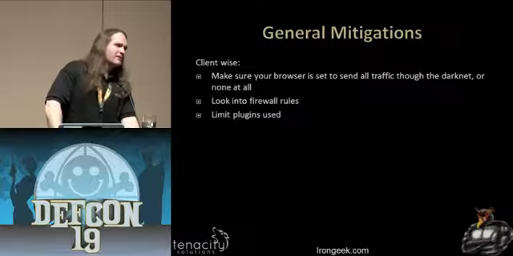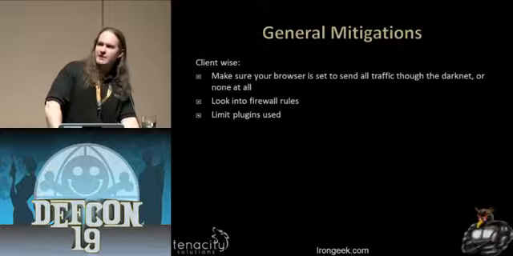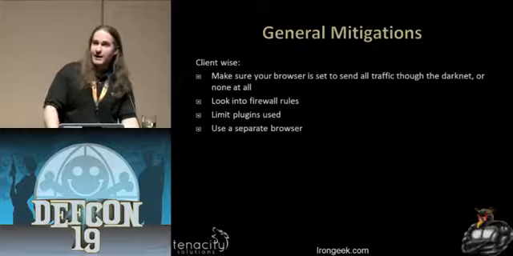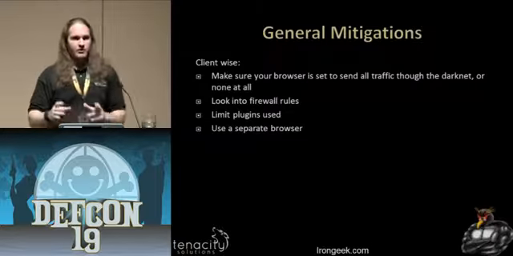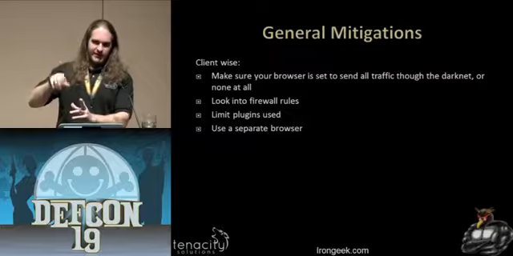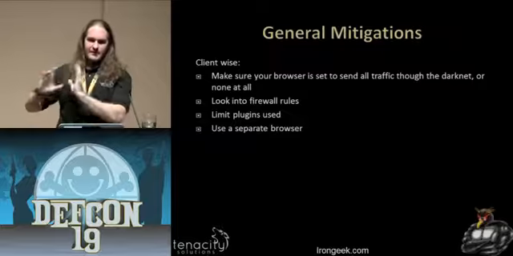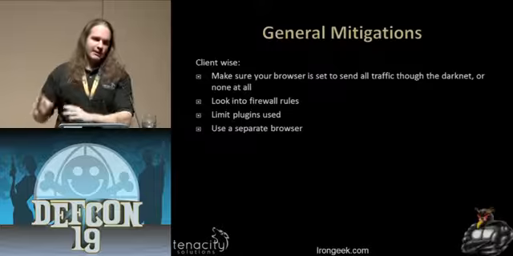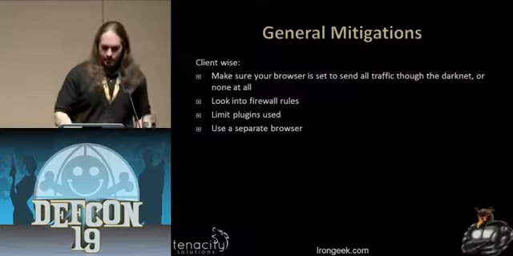Limit the plugins used. If you decide that you want to use every single possible plugin out there, you don't know whether or not they properly respect proxy settings, and you're probably going to be hosed. And use a separate browser. I keep a copy of the Tor browser bundle that I've also configured so I can switch between it and I2P back and forth, separate from everything else, and I only use that for accessing these networks, and I don't use my core web browser at all.